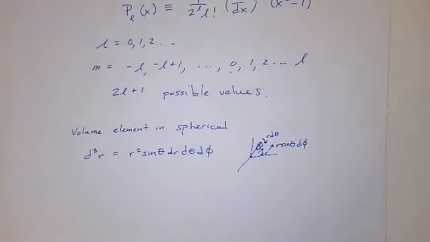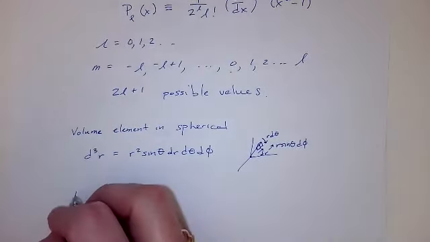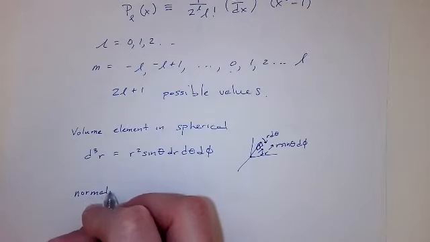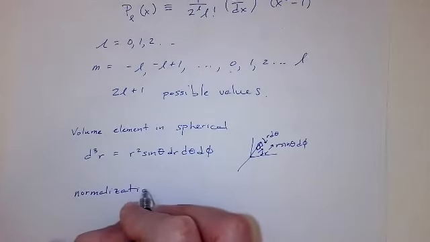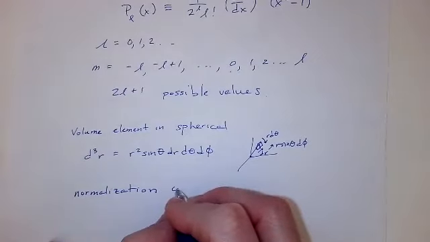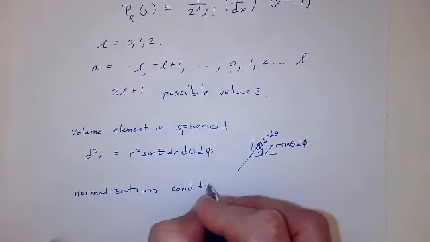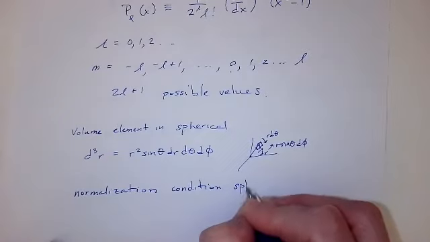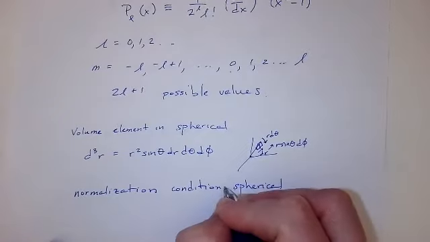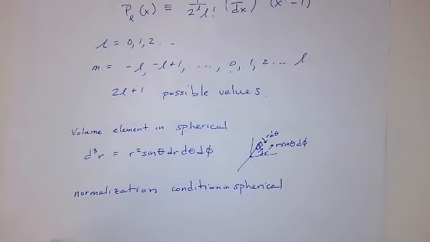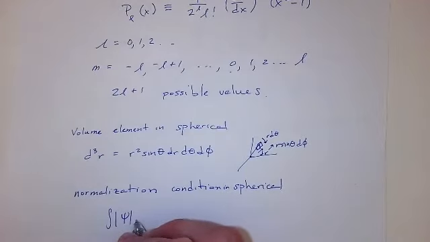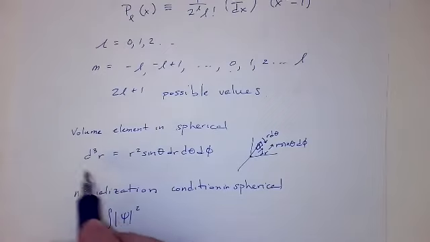Okay, so then our normalization condition, the reason we need this, in spherical then looks like this. So our normalization condition in any way is that we're going to look at our wave function, its magnitude squared, times our little bit of volume element.